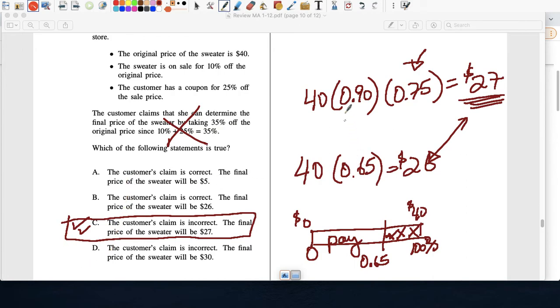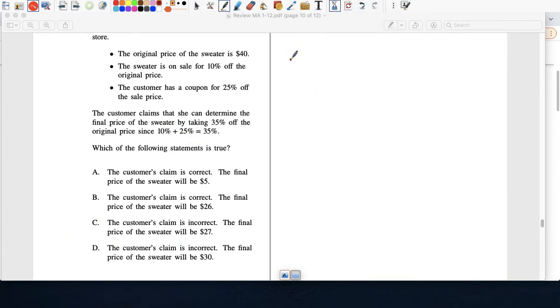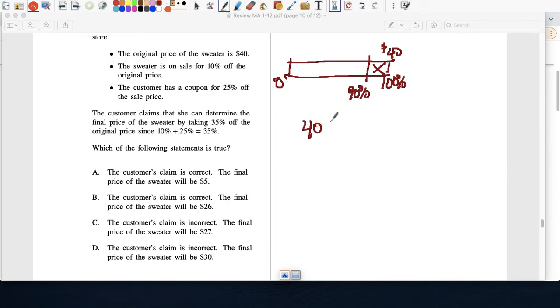Okay, and I'm going to do this using the bar model just one more time. So think about this. You have your sweater, which is $40. Let's go for your 10% discount. Take 10% away, you're left with 90%. So $40 times 0.90. After the 10% discount, you would have to pay $36. So your sweater is now $36. That's your first discount.